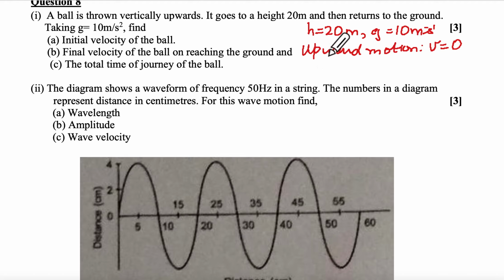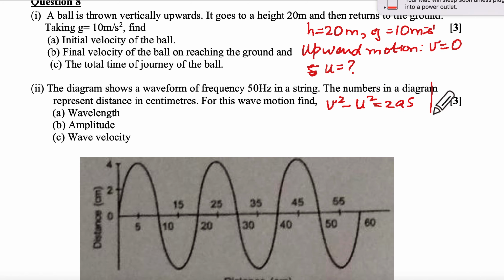We have s, the distance, and this initial velocity we have to find. So for the upward motion the initial velocity is to be found out, correct? With v, u, a and s, I'll use v square minus u square equal to 2as. You can either write it like this, or you can say v square is equal to u square minus 2as. Agreeable to you? Yes, ma'am.